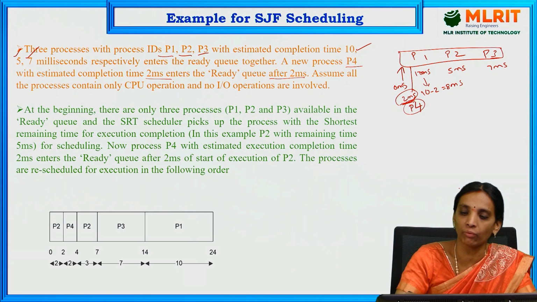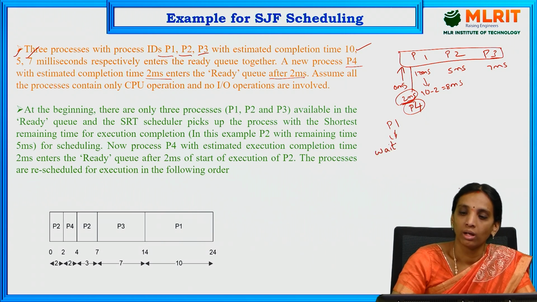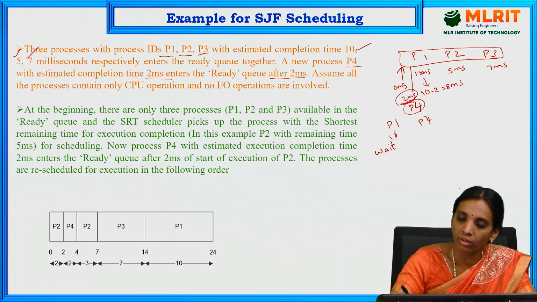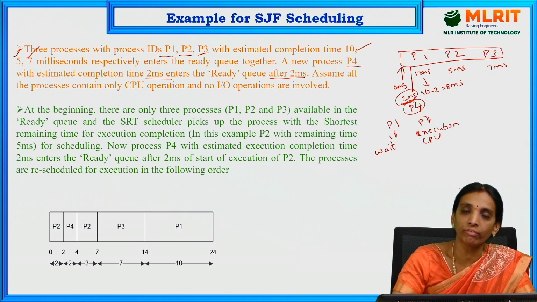So P1 stops execution, is preempted and goes to the wait state, and P4 starts its execution. The CPU is allotted to P4 and it executes for 2 milliseconds.